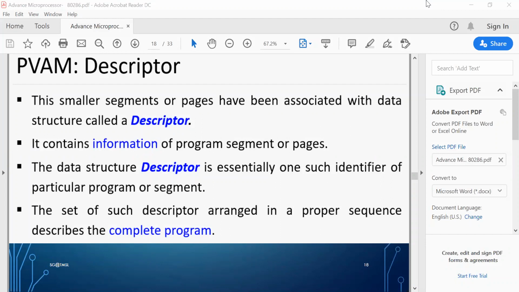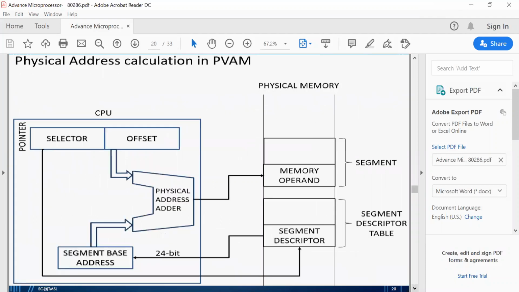Here is a diagram showing how the physical address is calculated. Here the segment descriptor is available.